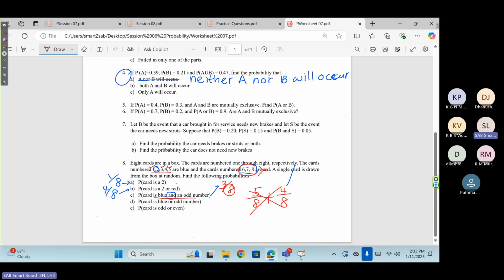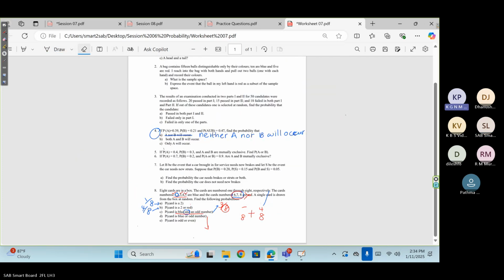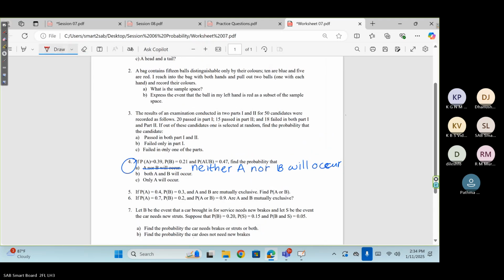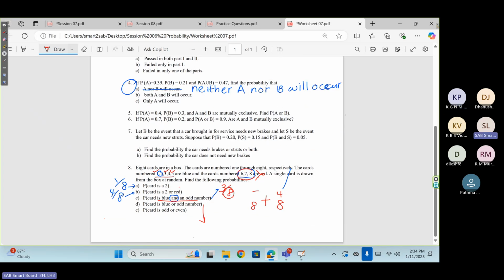Then here D, the card is blue or odd number. Blue or odd number. How do we get it? Or means union. Then how do we find the union in here?